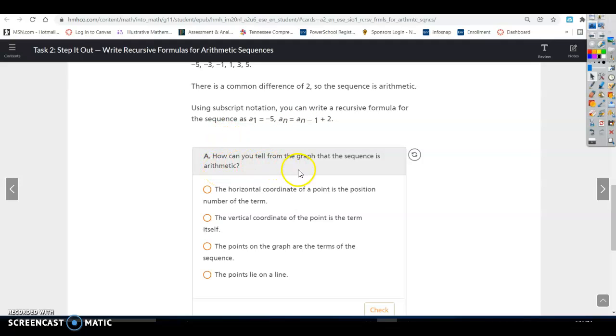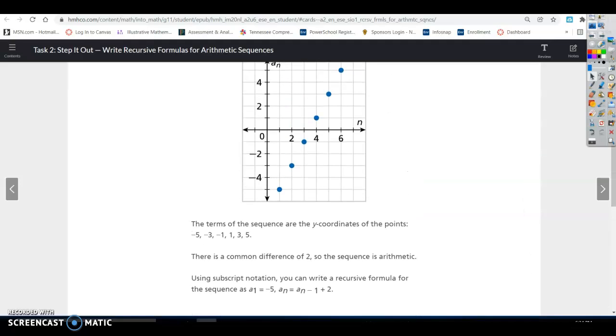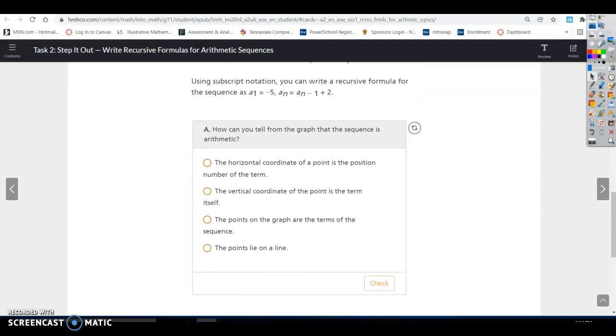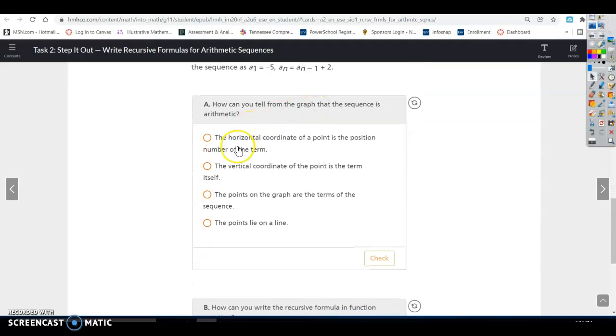All right, it says, how can you tell from the graph that the sequence is arithmetic? All right, you can tell the sequence is arithmetic because the points fall in a line. It looks like they have the same slope. So the fact that those are in a line tells you that it's arithmetic.